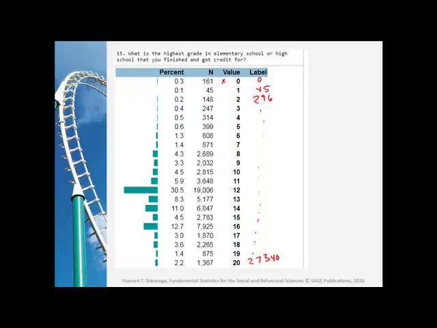So this is our f, this is our x, this is our fx. And then we would add all of these together all the way down to get us the sum of fx.